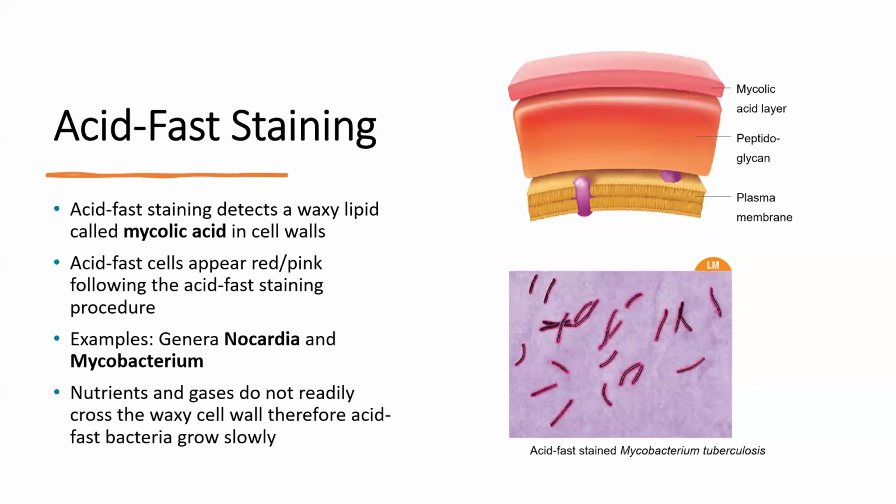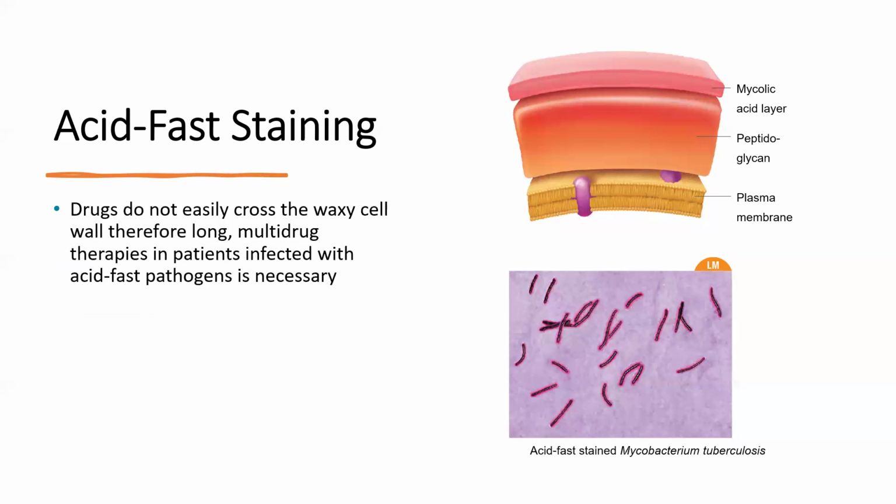It also has an impact on their metabolism, so nutrients and gases don't pass through that mycolic acid layer, that waxy layer. And furthermore, our antibiotics don't always do a very good job of passing through the mycolic acid layer, so antibiotics can be less effective because of this extra protective coating.